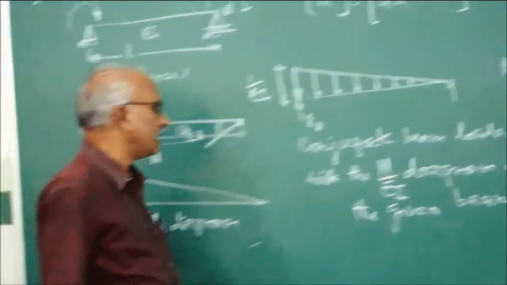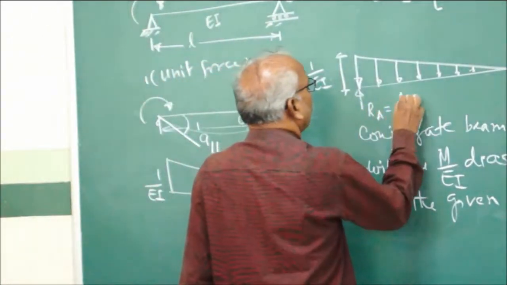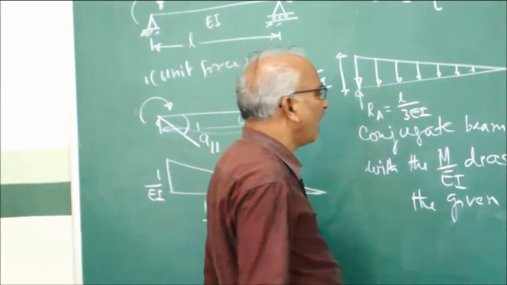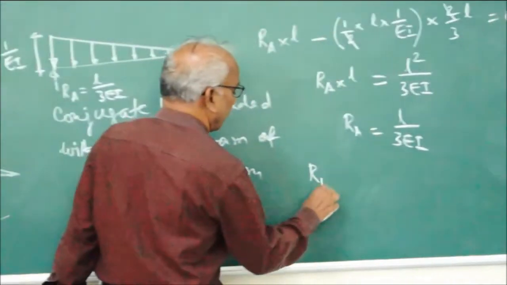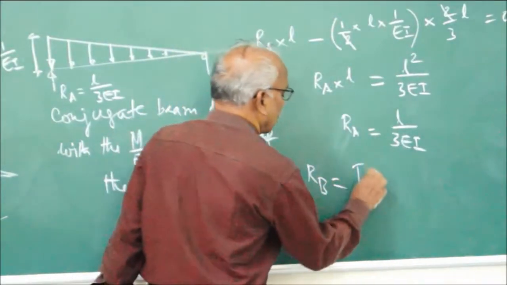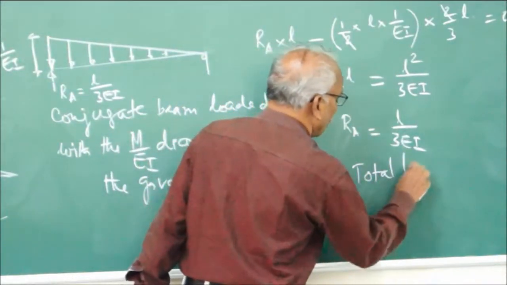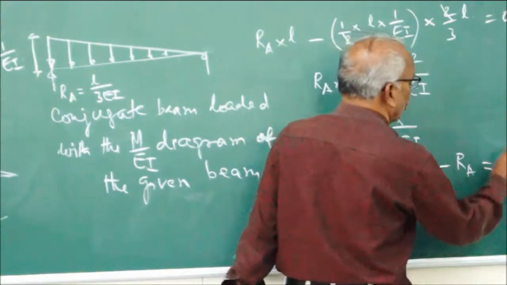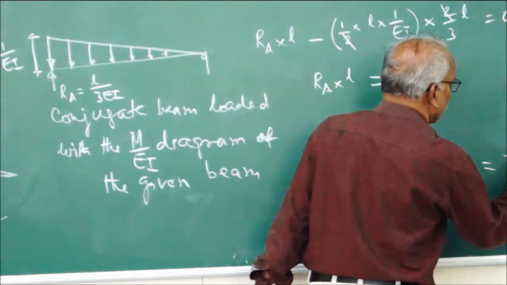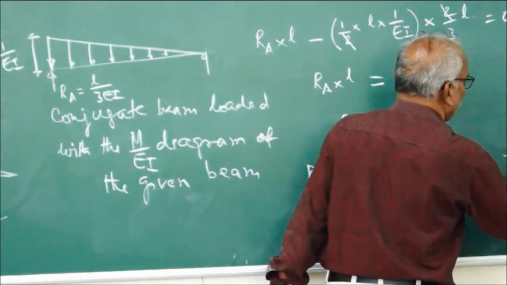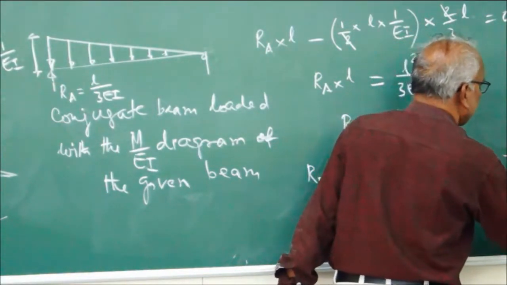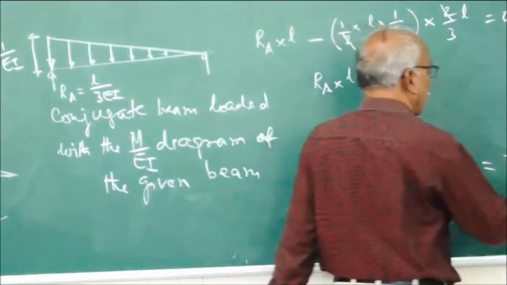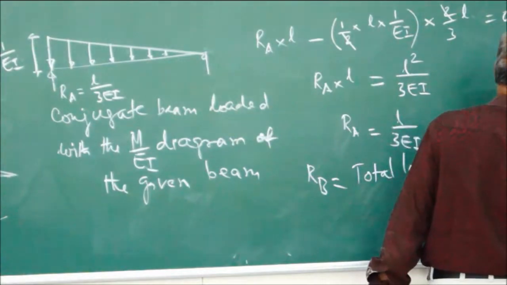The reaction here, RB, is the total load 1 by A minus RA. Minus RA is L by 3A.